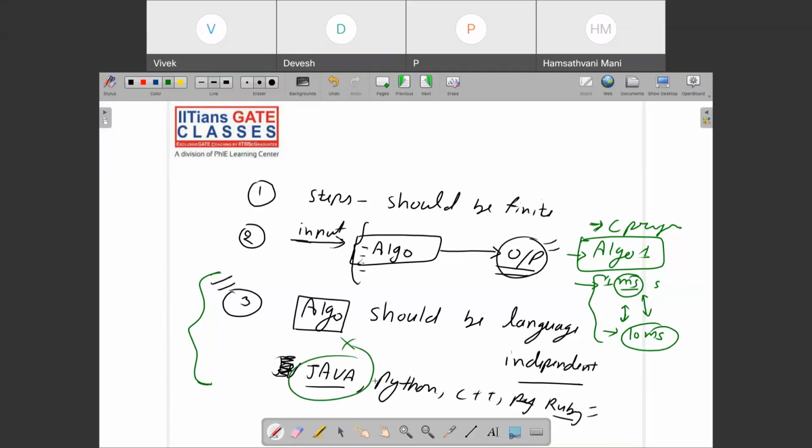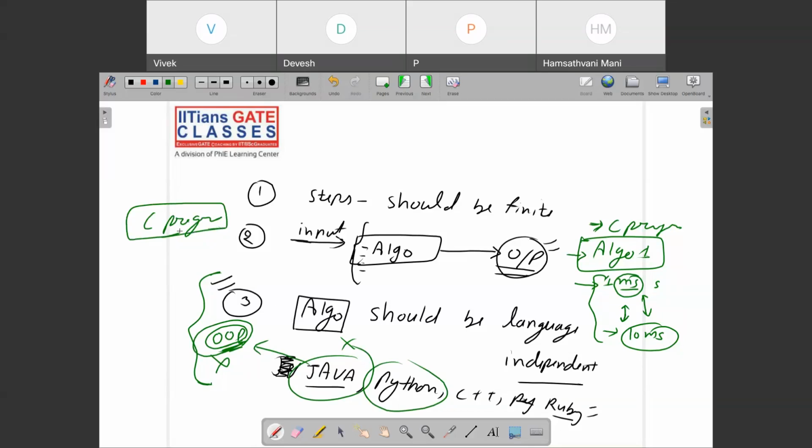Java, you are not going to learn. Instead of Java or Python, you are going to learn object-oriented programming in your BTech. But I think this is also not part of GATE examination. So that is why your focus should only be on the C programming language. You should know the very basic fundamentals of C programming language. That we will cover once we go through the course: algorithm, data structure, and programming, right?